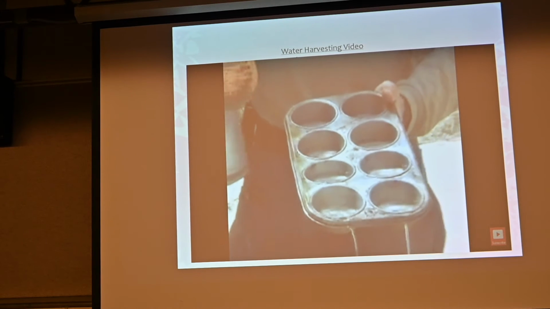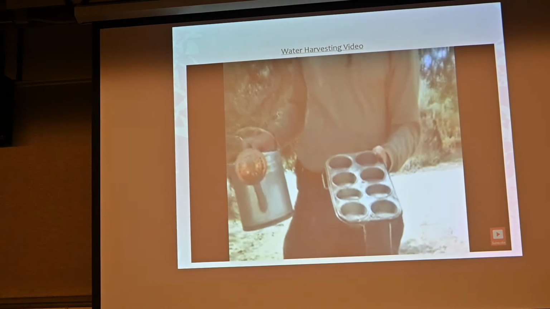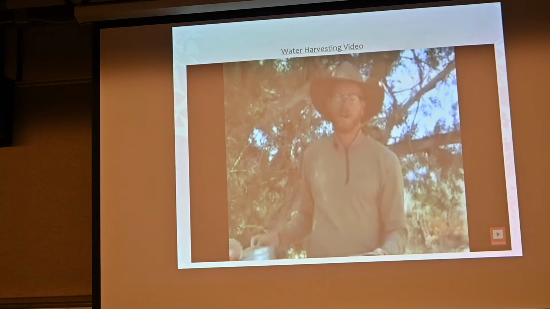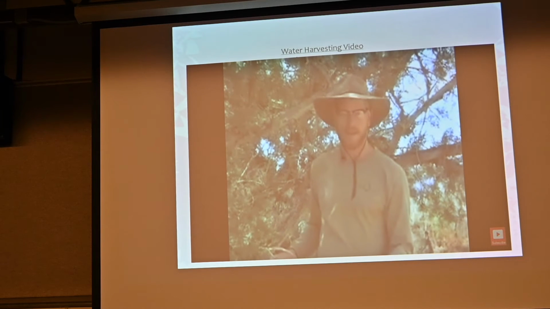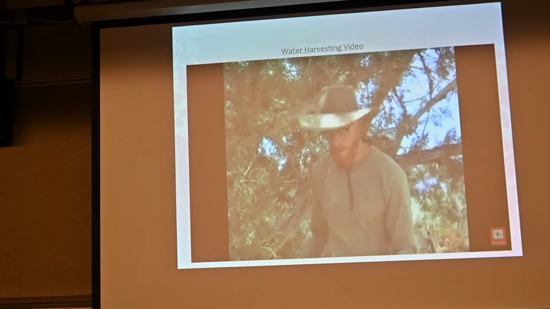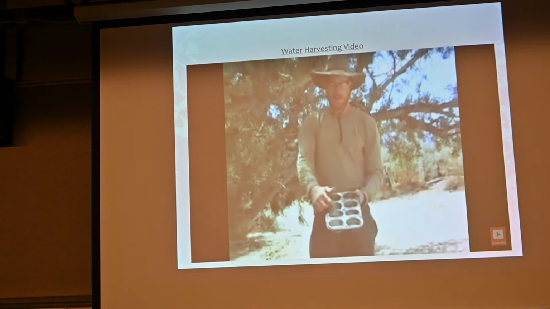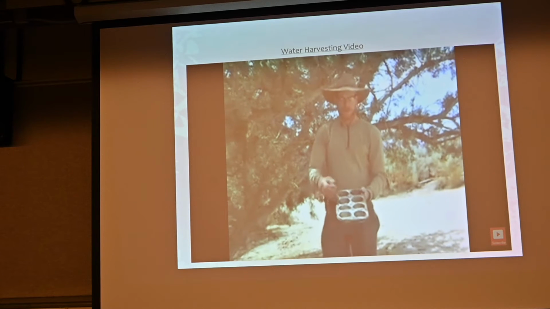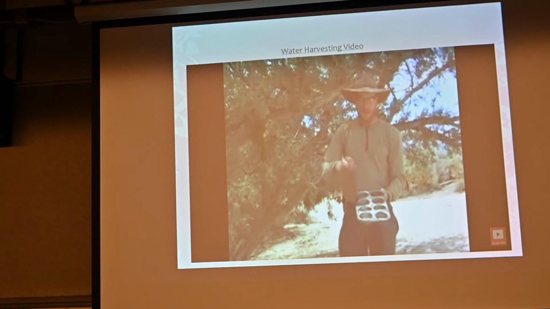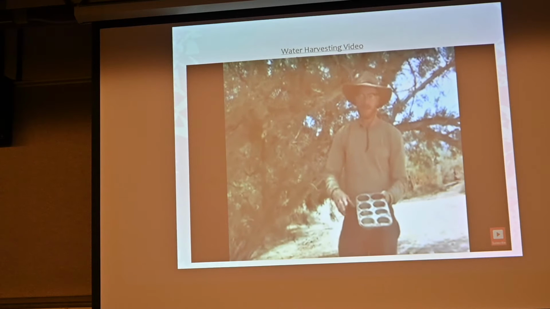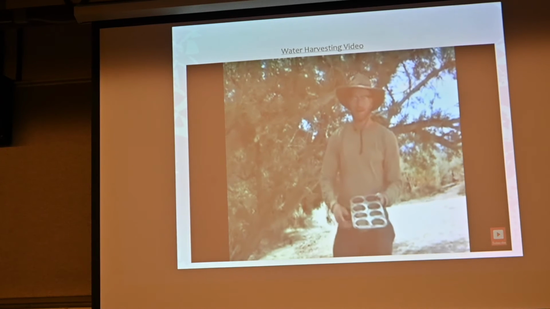But it's only the overflow that leaves the site, not all the flow of the site. And long after the rain has stopped falling from the sky, we've got all these basins, all these earthworks filled with water. And that water is now infiltrating the soil instead of running off and causing problems downstream.